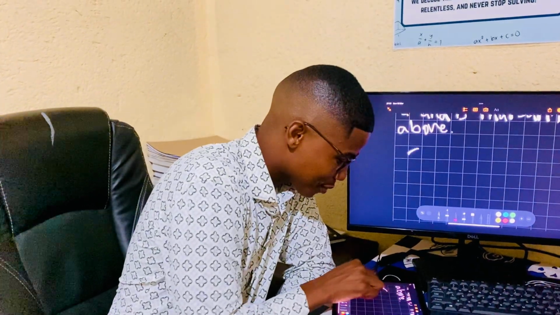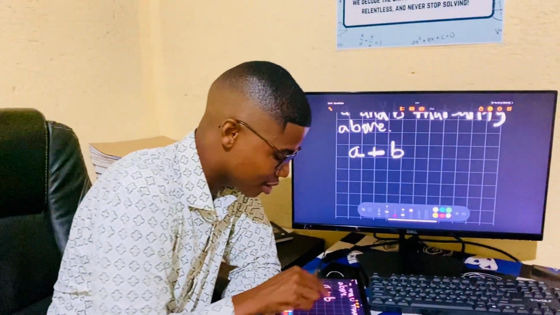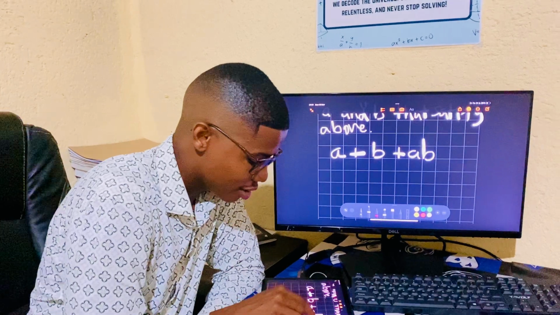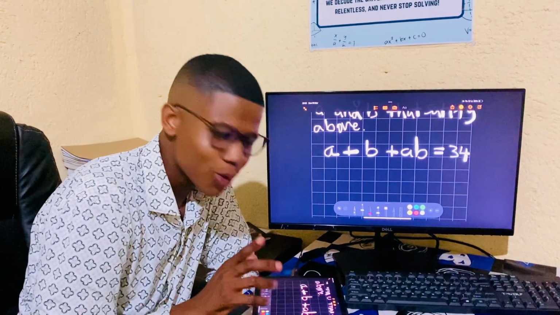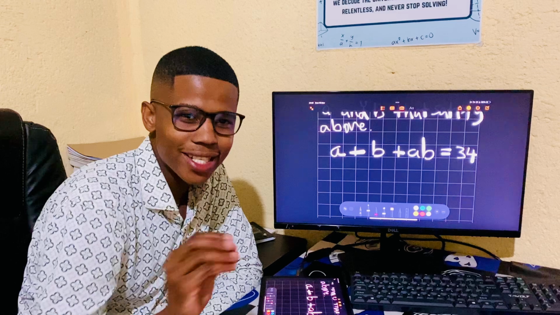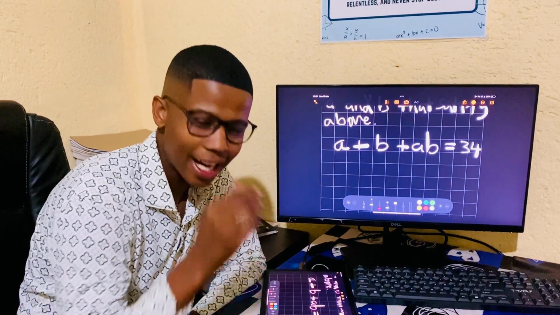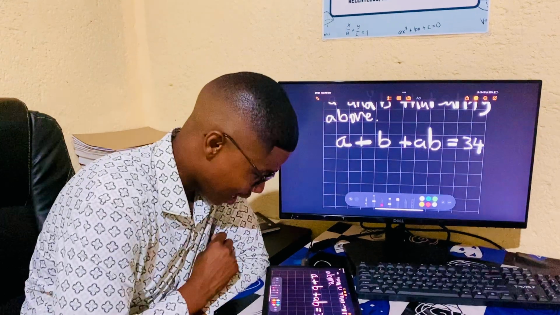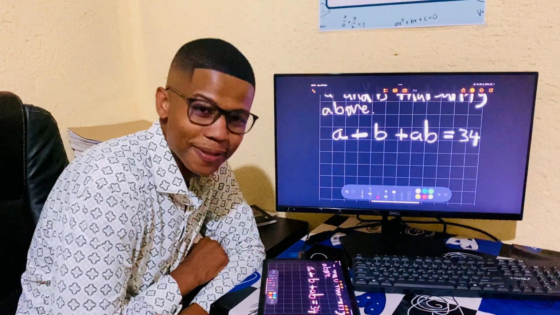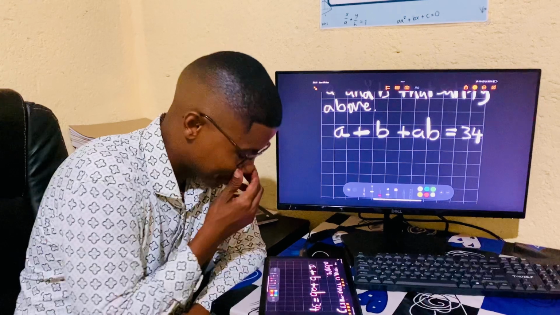We have A plus B plus AB equals 34. When you look at this, just like in a lobola negotiation, you might not know what to expect. But let's break it down piece by piece. Looking at the left-hand side, I can see there's something common.